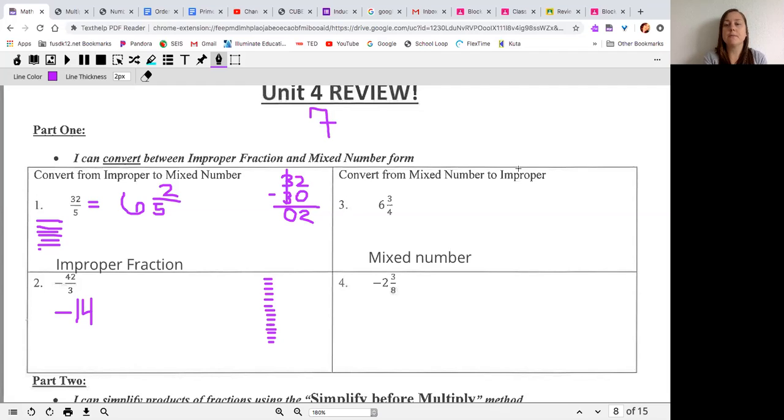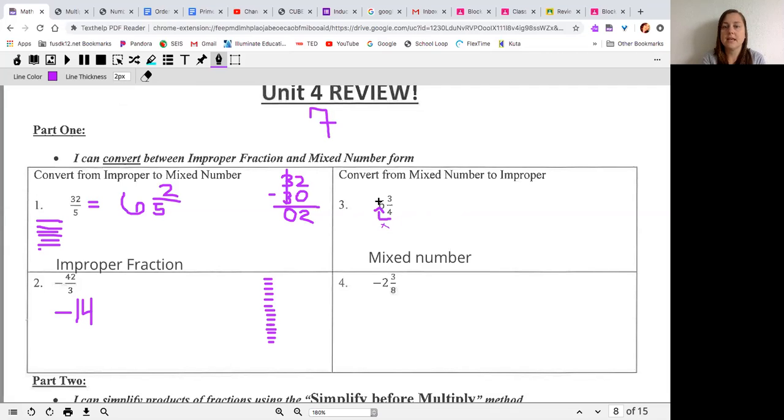Now when I convert from a mixed number to an improper fraction, it's a little similar. Okay, so I take 4, the denominator, and I multiply it by the whole number. So we're going to times these.